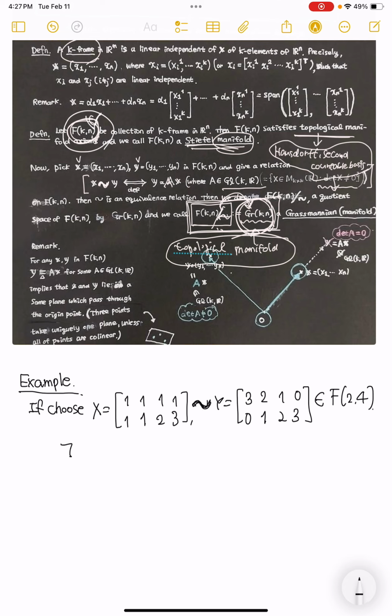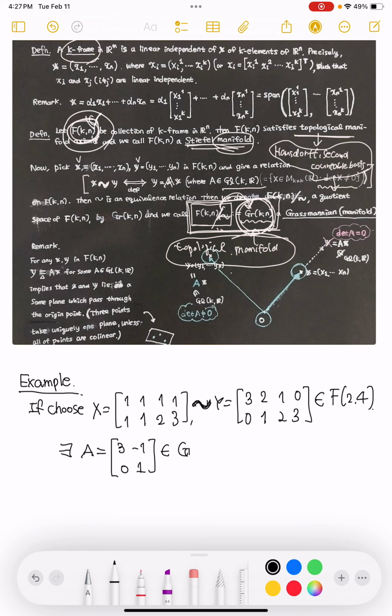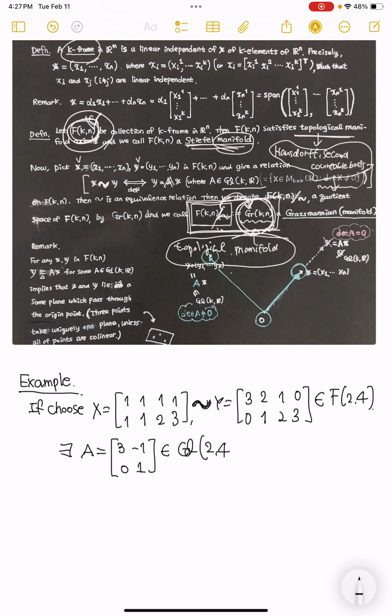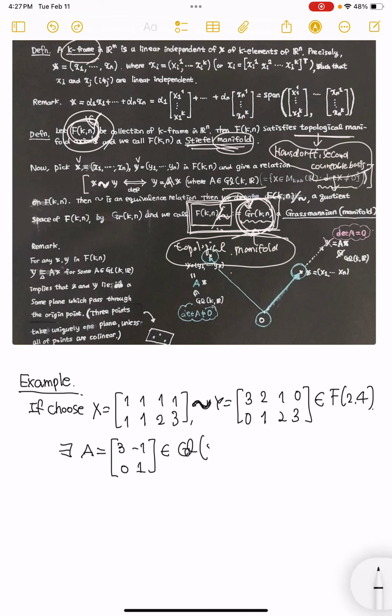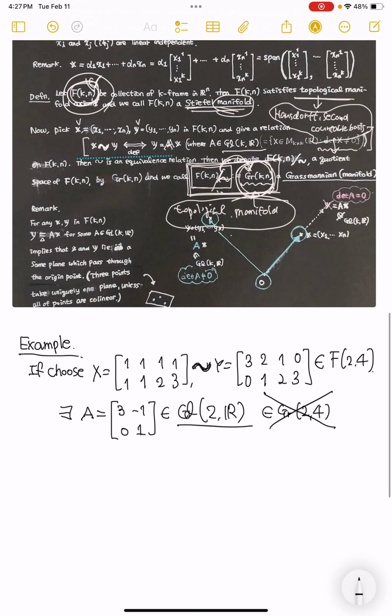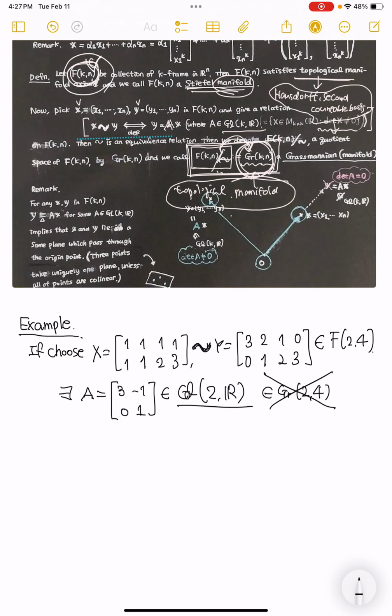That is the equivalence relation, because if we actually compute, we can find a matrix in GL(2,R) for GR(2,4), a 2 by 2 matrix whose determinant is non-zero, such that y is equal to Ax. So that is the equivalence relation.